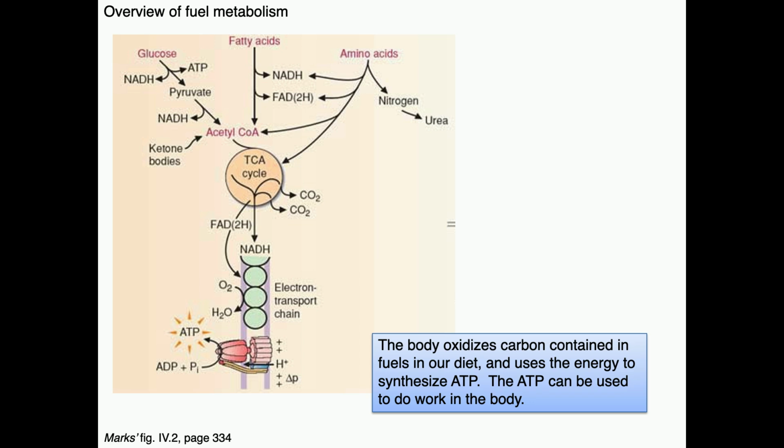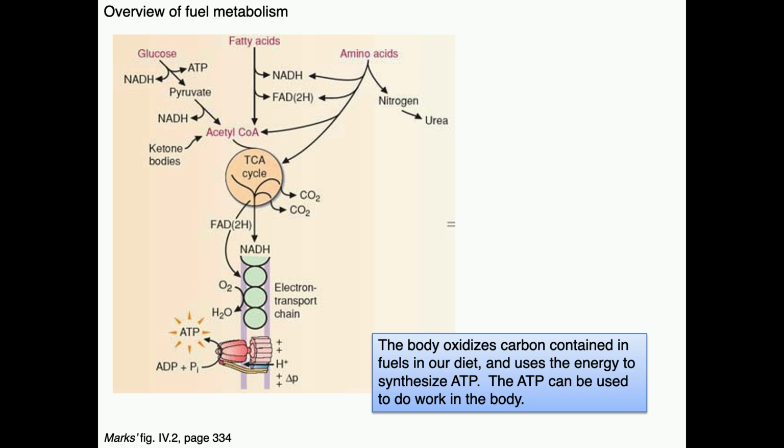We're going to be illustrating these principles with some examples of fuel metabolism processes. From an energetic standpoint, we're talking about taking the chemical bond energy in a food substrate like glucose and converting the carbon-carbon bonds into carbon-oxygen bonds to make carbon dioxide.